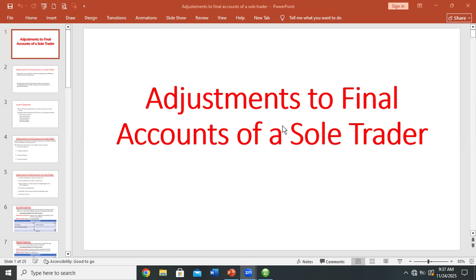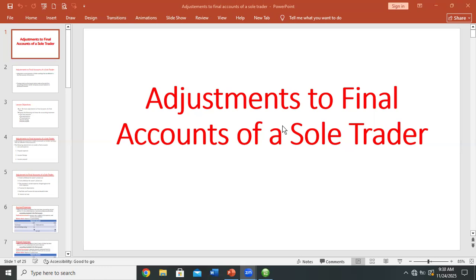So for example, maybe we forgot to record certain sales, or we forgot to add on a particular rent amount we paid. Okay, so there can be omissions or duplications or any other error in the balances as they stand in the trial balance. So when we realize or identify these issues, we need to adjust.